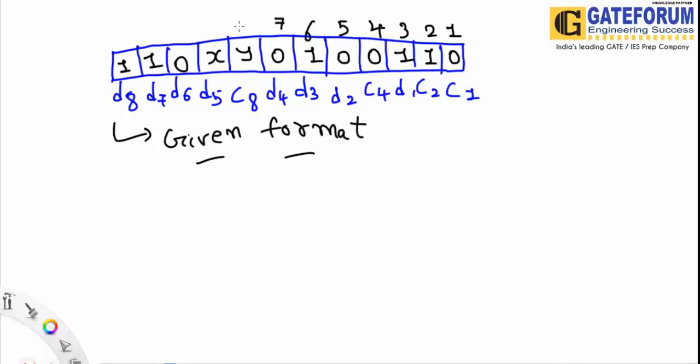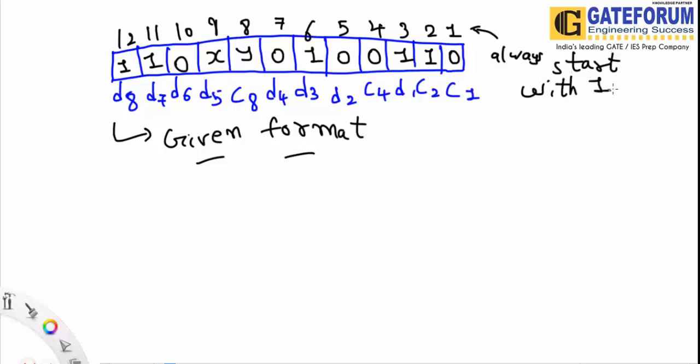Remember, because we are going to correct the error number, if there is no error, the output will give me 0. It's a different concept altogether. Because of this, we always start with 1.